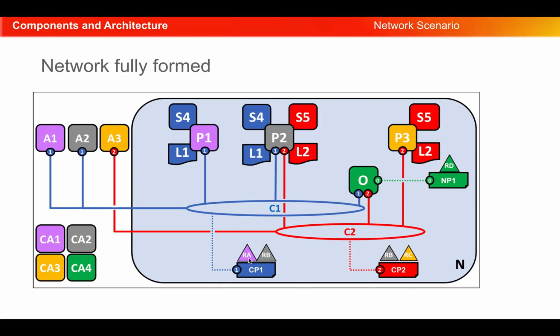One consortium contains organization A and organization B, and another consortium contains organization B and organization C. Each of the consortiums has to abide by their own rules, which is channel policy 1 in case of consortium RA and RB, and channel policy 2 in case of consortium organization B and organization C. So you have two channels, which is C1 and C2, and you have three applications A1, A2, A3. You have four certification authorities. You have one orderer node, and you have three peer nodes.